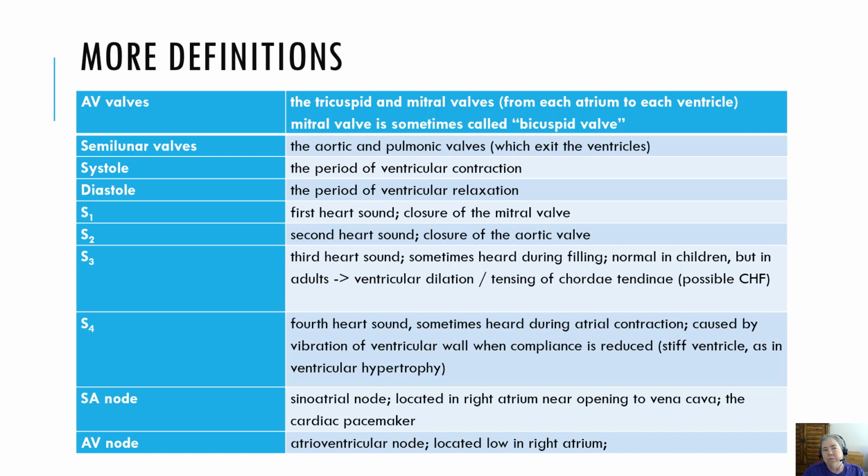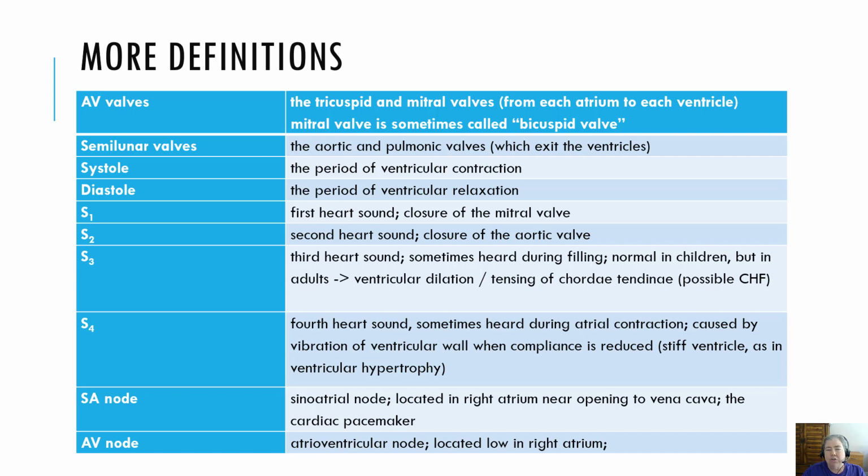And it happens when the ventricular wall is stiff, is not compliant. And that can happen if it's thickened, like ventricular hypertrophy, or occasionally if it's ischemic, because ischemic heart muscle is less compliant or less stretchy than heart muscle that's getting lots of oxygen. And it's another indication of abnormal heart function and possibly of ongoing heart failure.